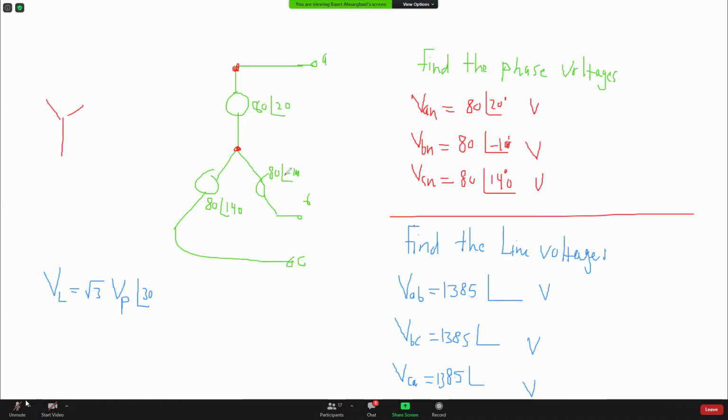You can do 80 angle minus 100 minus 80 angle 20, and you're going to get this number. Now for the angle, we're going to add 30. So this will be 50. When I add 30 here, this will be minus 70. When I add 30 here, it's going to be 170. This is how you find the line voltages for the Y connection. Is this okay?